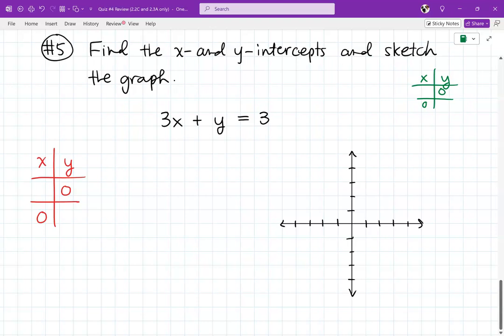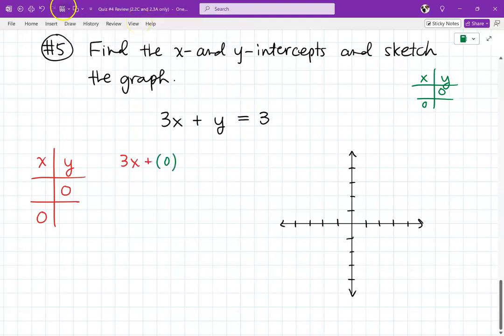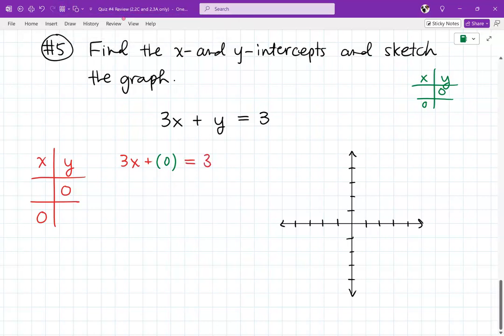So I'm going to plug in 0 for y first, okay? So 3x plus 0. Remember, every time I plug in numbers, usually I'm going to put them in parentheses. 3x plus 0 is just 3x. So 3x equals 3. That means that if I divide both sides by 3, x is 1.